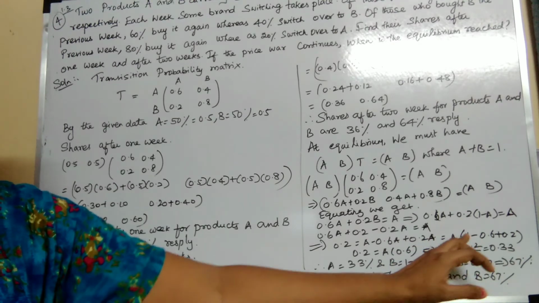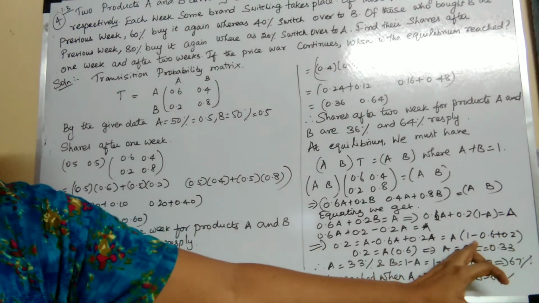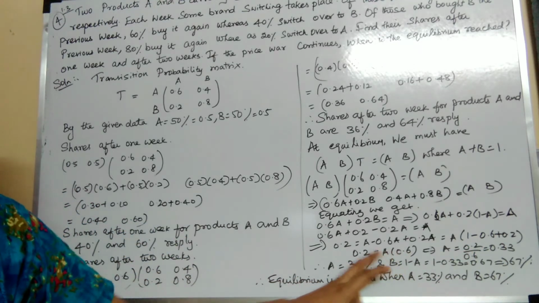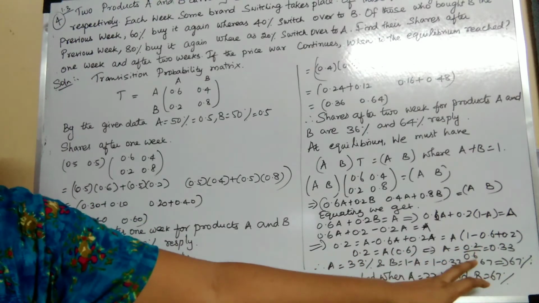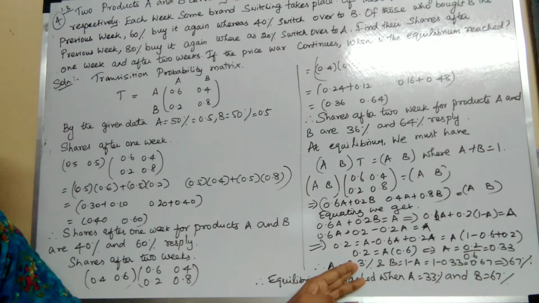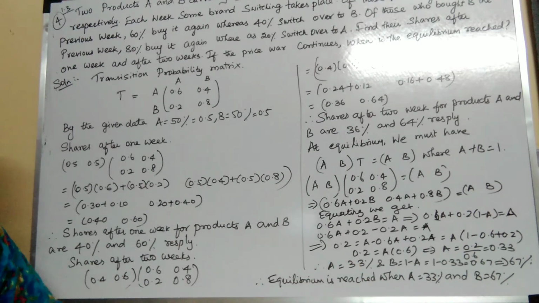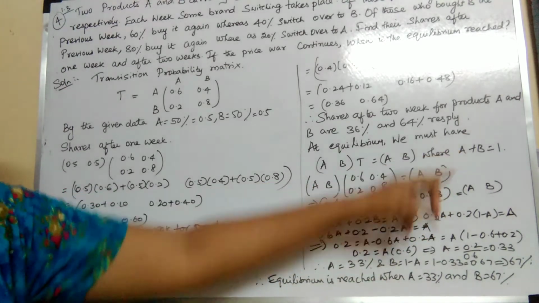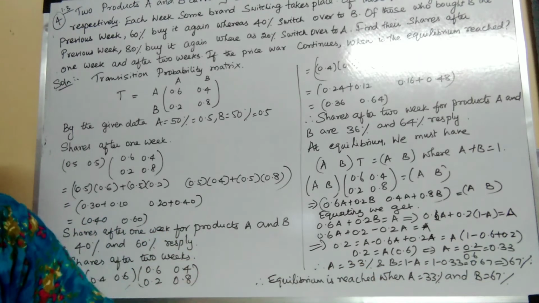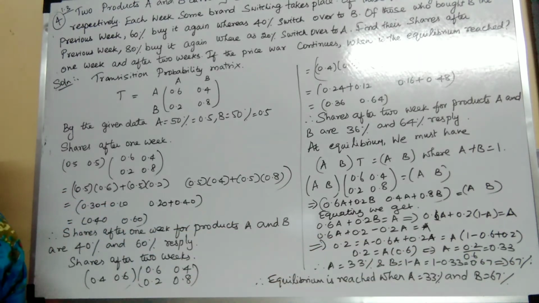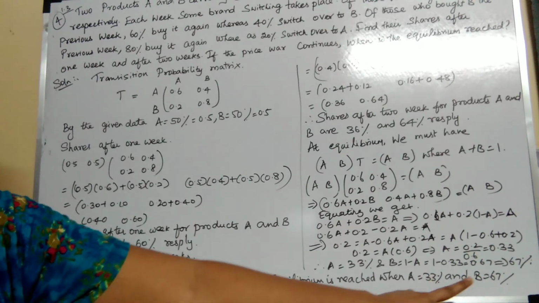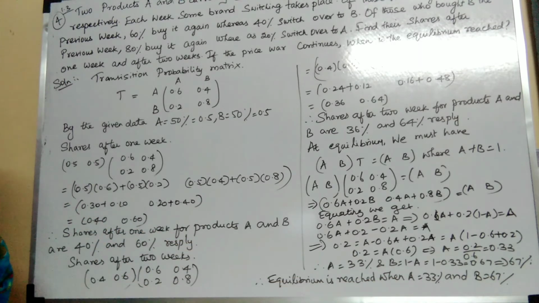Taking A common, 1 minus 0.6 plus 0.2 is 0.6. So 0.6A is equal to 0.2, and A is 0.2 by 0.6, which is 0.33, that is 33%. B is 1 minus A, 1 minus 0.33, that is 0.67, which means 67%. So at equilibrium, A share is 33% and B share is 67%.